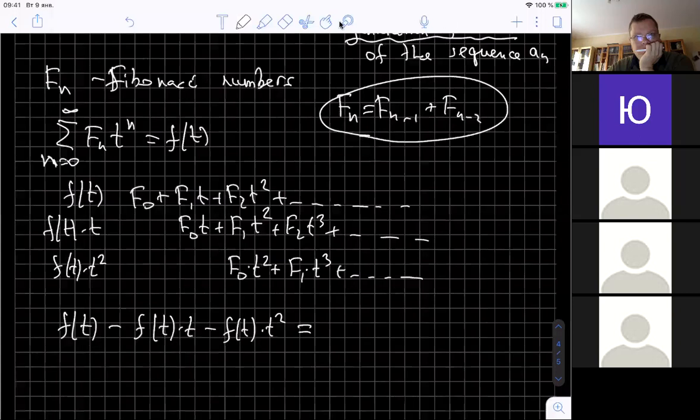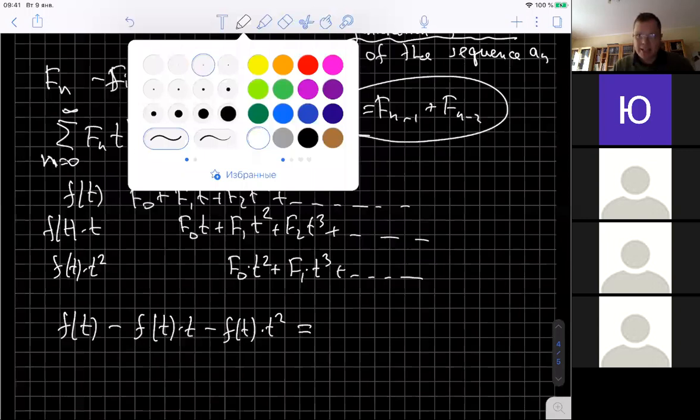So all the terms of f0. Why f0? Because f0 doesn't cancel out. Okay, so let's look at each of the columns.